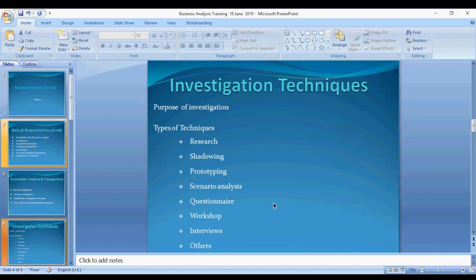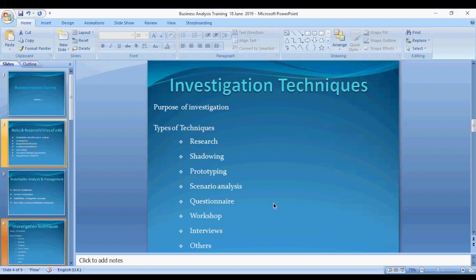And so I'll move on to shadowing. You can use this as well to gather your requirements. The requirement for shadowing is just when the user is carrying out a particular task and you are watching how they are doing it, looking at the step by step that they are carrying out.